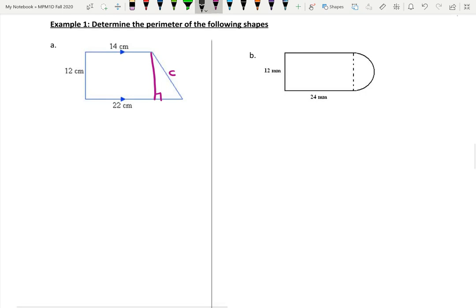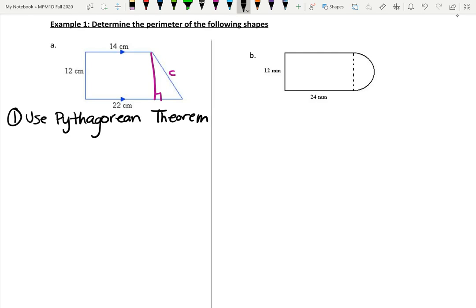So step 1, use Pythagorean theorem to find C. A squared plus B squared equals C squared. Okay, so this could be my side A. Well, this whole side is 22, and from here to here is 14.